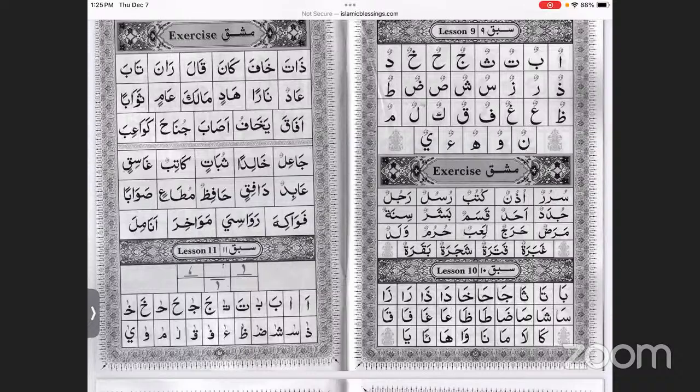Alif zabar a. I said exercise. No, the last line of the exercise of this page, above lesson 11.